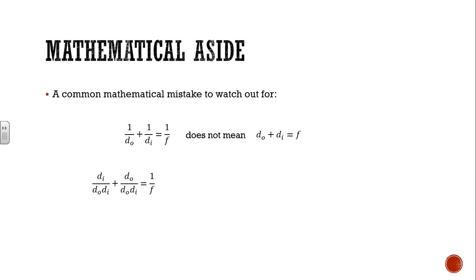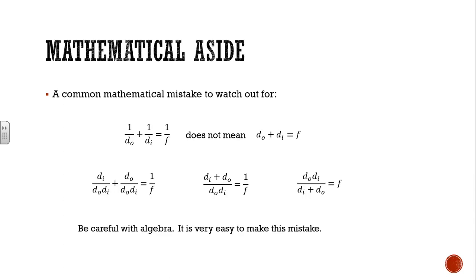If you actually try to figure out what F is in this equation, you have to find a common denominator, add the two fractions together, and then invert the fraction. So you notice F is not DO plus DI, it's actually DO times DI over the sum of DI plus DO. Now, this is an easy mistake to make, so be very careful with the algebra with these problems.